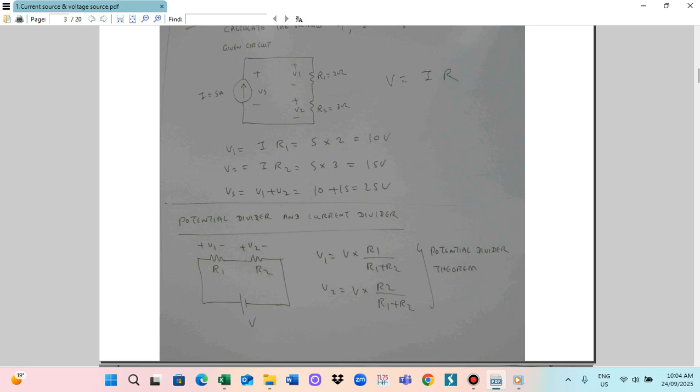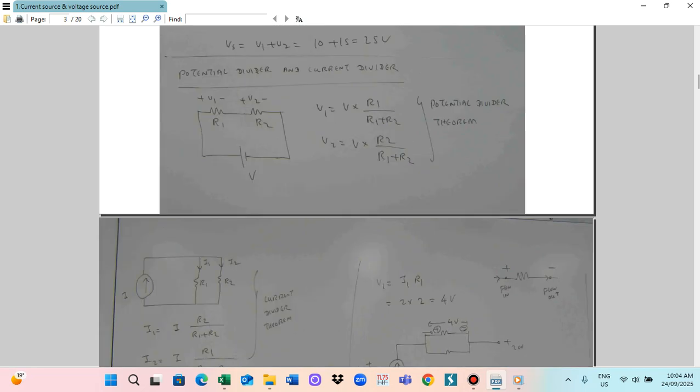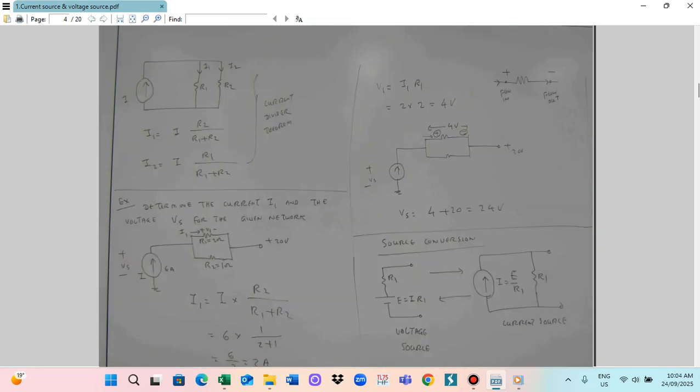Another one is the current divider theorem. This is the current I flowing here. This is resistor R1 and this is R2. The current flows through resistor R1 as I1, and through R2 as I2.